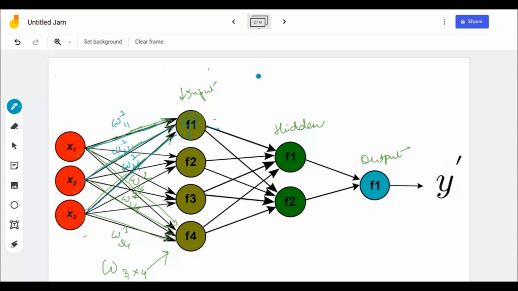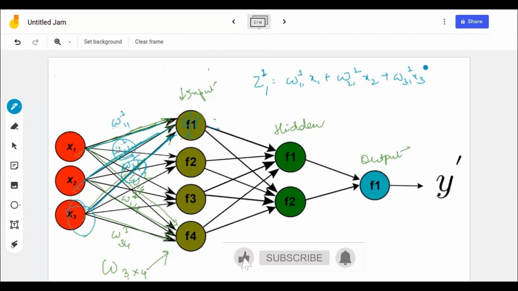So the first thing, let us represent this as Z. Z is actually the summation of the multiplication of the weights with the inputs. Z superscript 1 because of the first layer, and subscript 1 for the first node, is W11 superscript 1 into X1 plus W21 superscript 1 into X2 plus W31, again superscript 1, into X3.